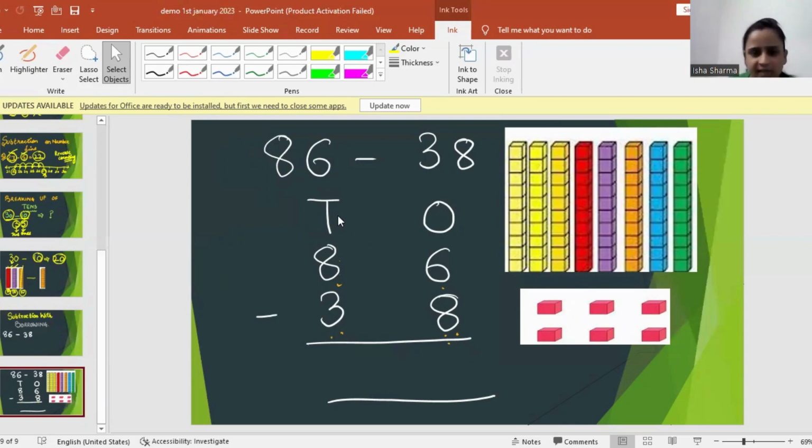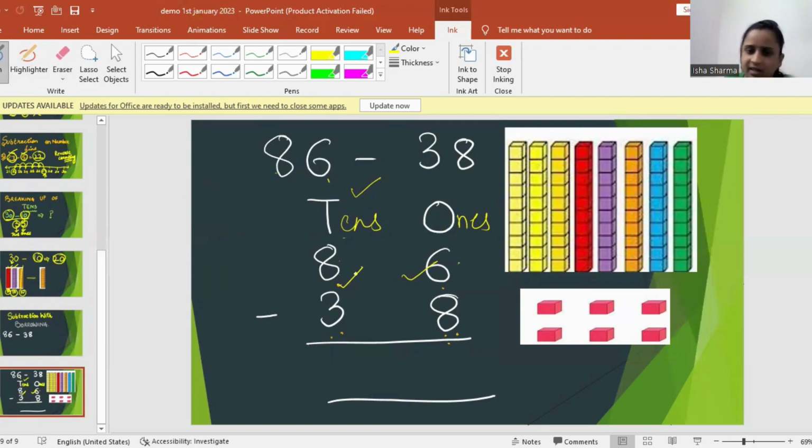So if I say there is a tens place and a ones place, and here is 86 as a number. This is a 2-digit number. That means in 86, there are 8 tens and 6 ones, right?